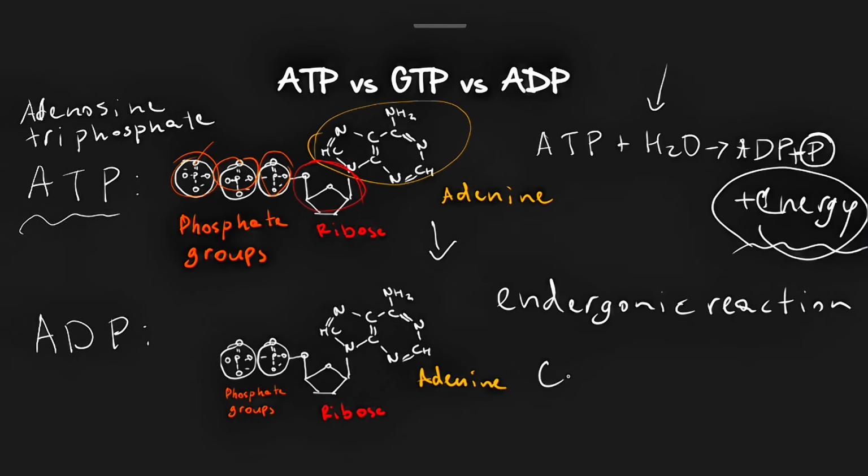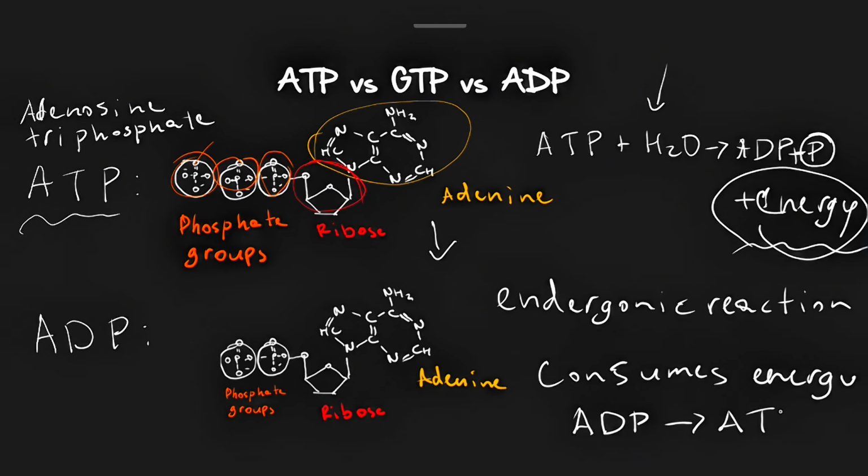An example of this can be ADP into ATP. To make ATP from ADP, we need energy. And these kinds of reactions are called endergonic reactions.